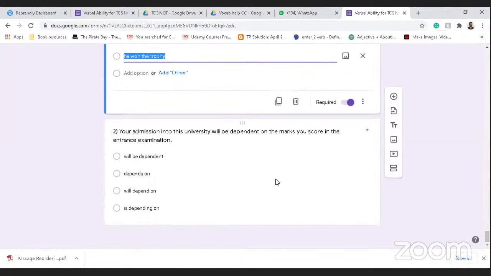Your admission into this university will be dependent on the marks you score in the entrance examination. What should we correct it with? Will be dependent. Will depend on. Is depending on will not come.